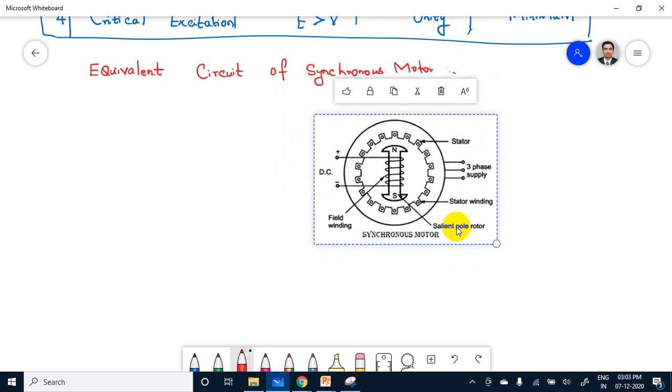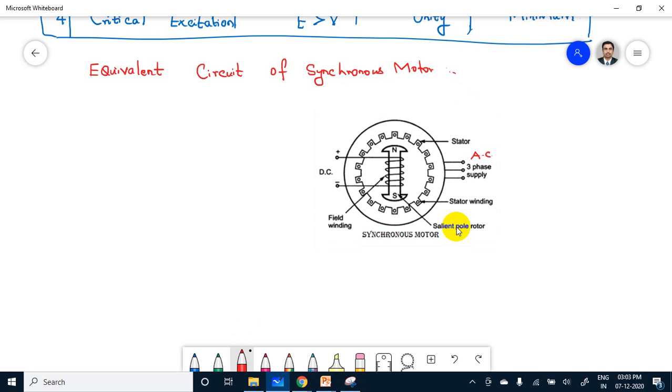You see there are two winding structures available. One is the stator, which carries the stator winding, or the other name of stator winding is armature winding. In the armature winding only you are giving three-phase supply.